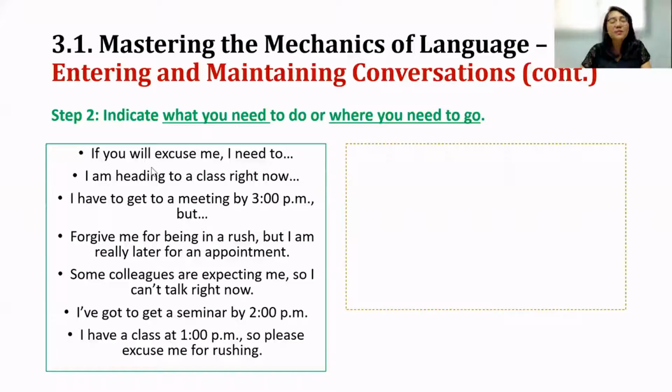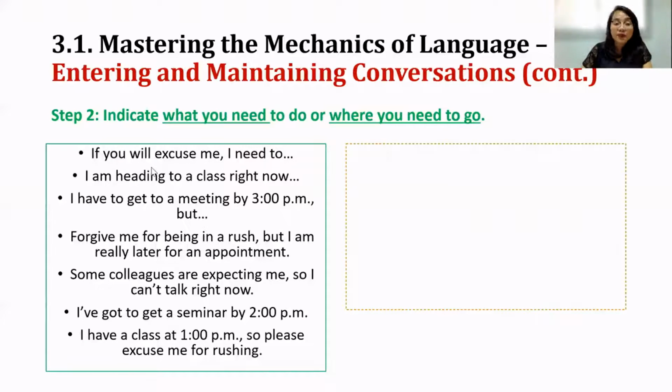So it's completely okay to indicate what we need to do or where we need to go so that we can end the conversation. It's okay, and it's not offending them. But make sure that before you do this step or say one of these expressions, you have already said something positive about the person or about the conversation, just like what step 1 recommended.